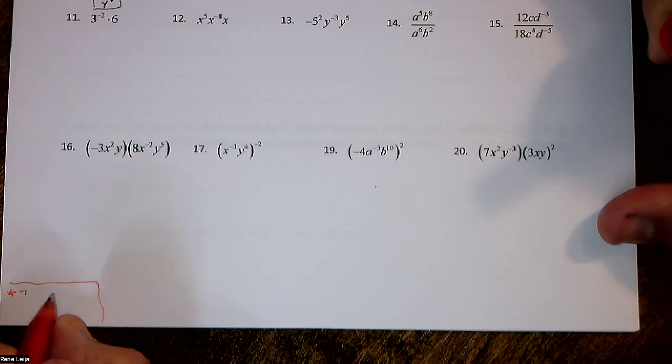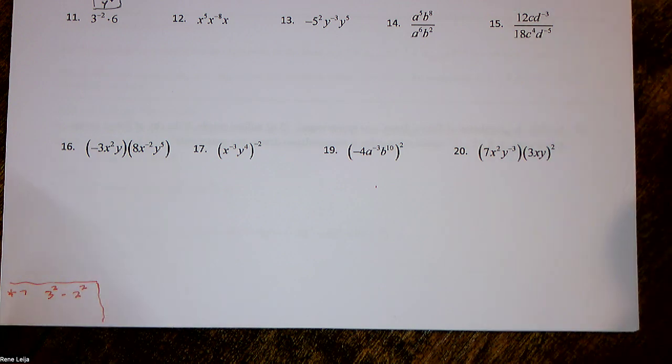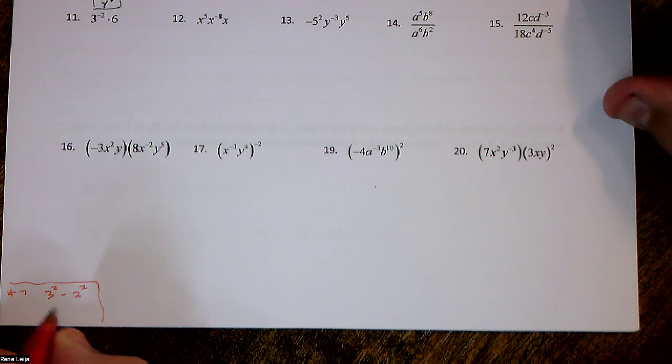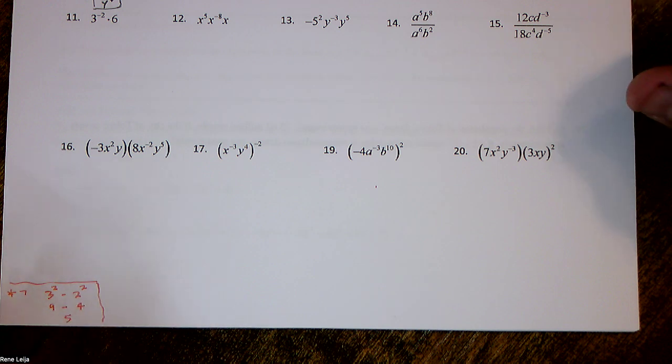Okay, so if we were to have 3 squared minus 2 squared, and we were to simplify this, well, the first thing that you would do is take 3 squared, which is 9, minus 2 squared, which is 4, and then that would give you a positive 5.